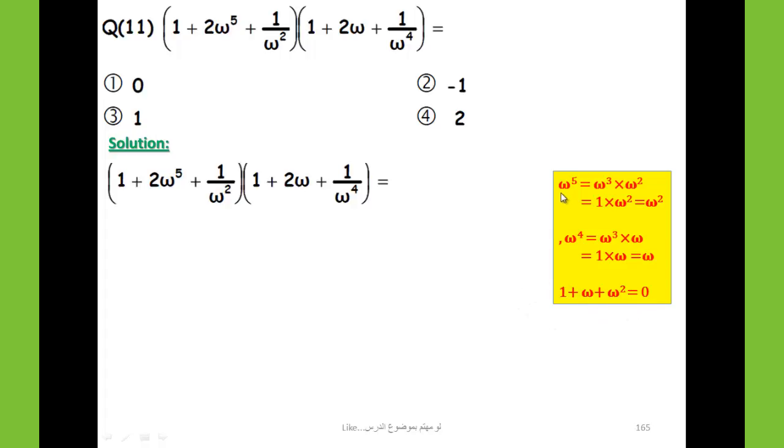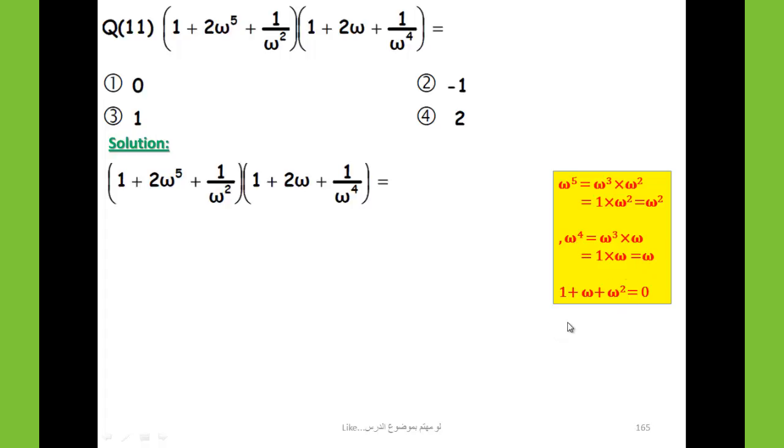So omega power 5 equals omega power 3 multiply omega square, and omega power 3 equals 1. 1 multiply omega square equals omega square. So we simplify omega power 5 to be omega square. Also omega power 4 equals omega.